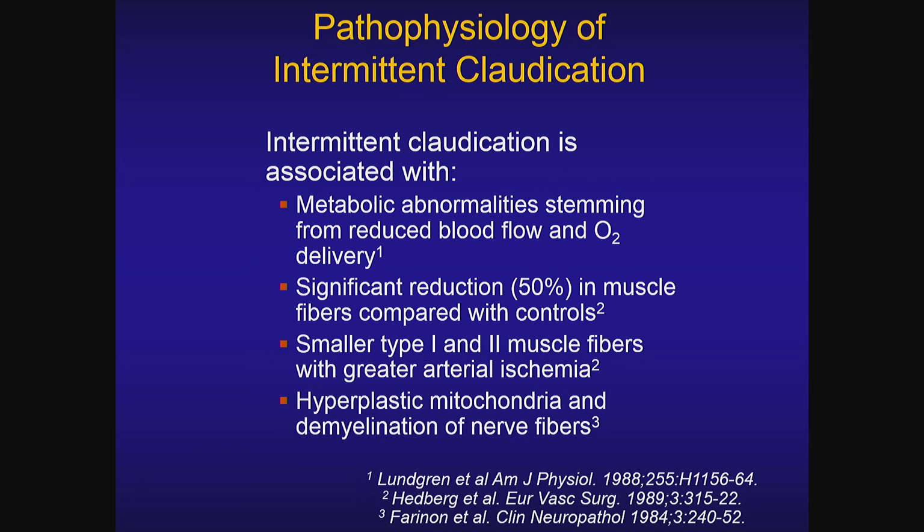There is evidence that the decrease in the ability to deliver oxygen results in an up to 50% reduction in muscle mass and affects the mitochondrial energy processing with demyelination of nerve fibers as well.